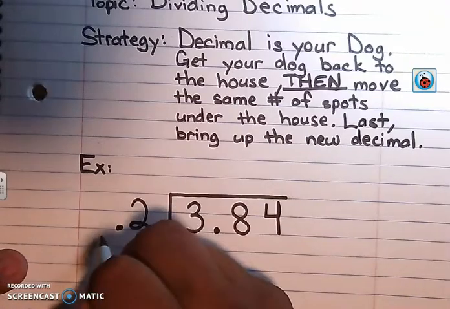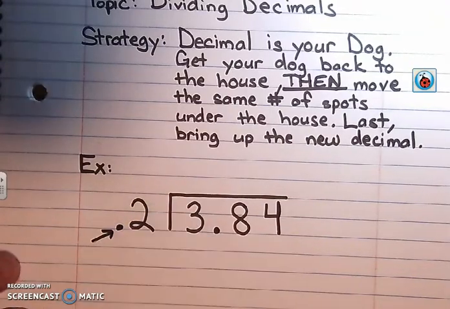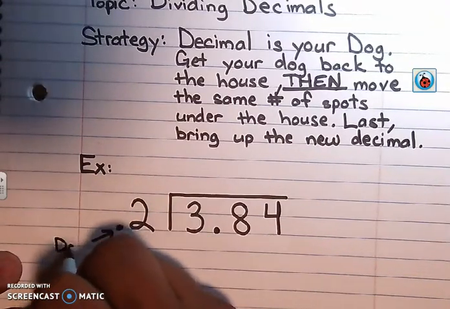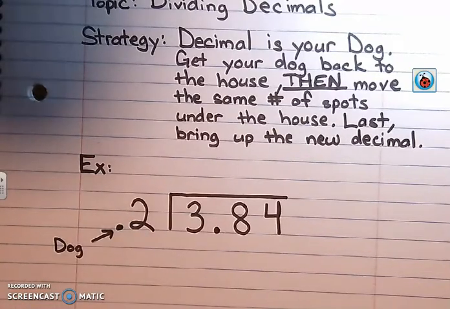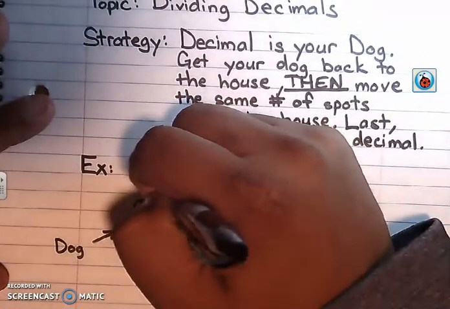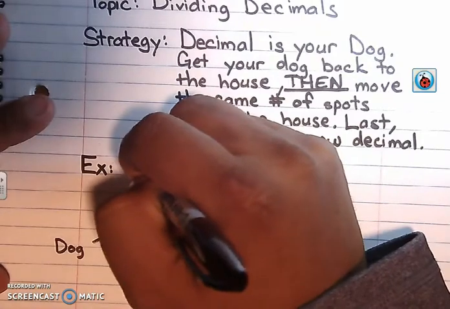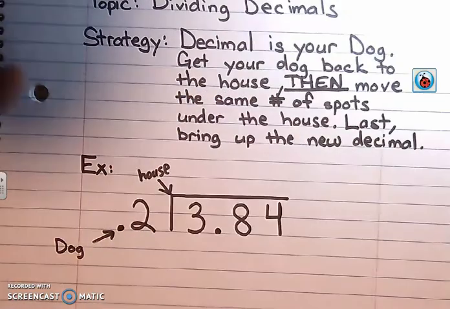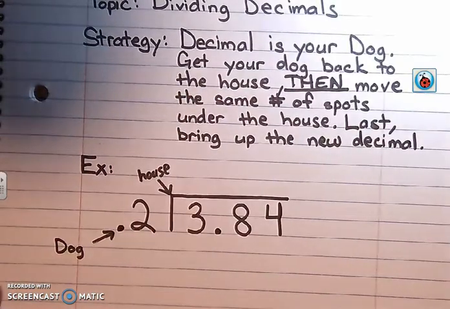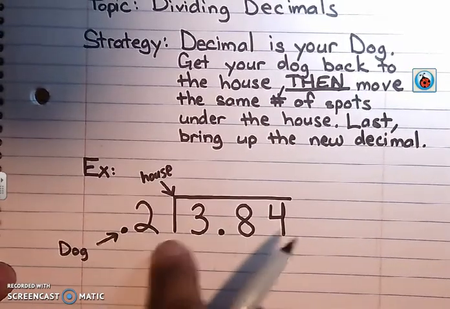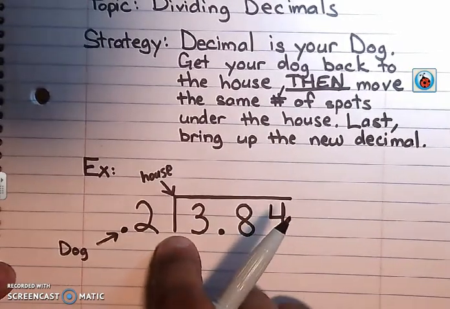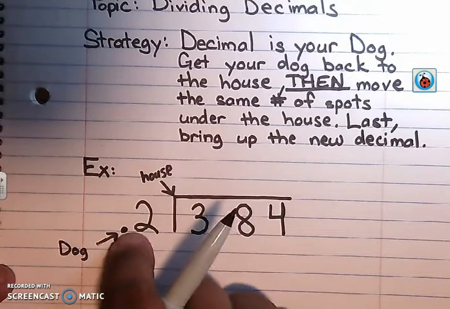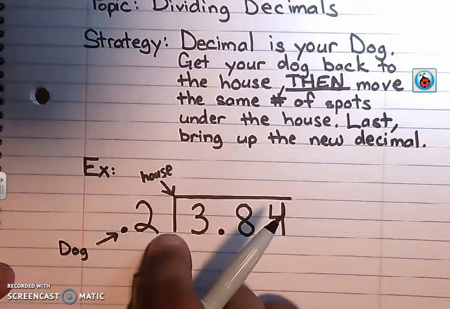So right now, this decimal is going to be your dog. And this is your house. So right now, if we look, our dog is away from the house. And we know that very, very bad things can happen if our dog is away from the house.